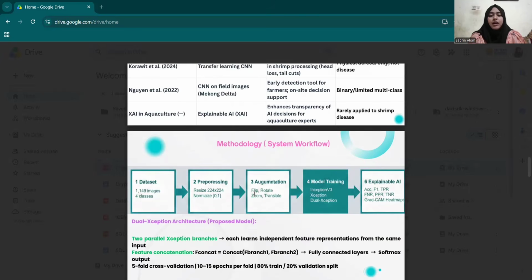It helps the model learn better. And the fourth one is model training. This is the most important part in this paper. Here three models are used: Inception V3, Xception, and Dual Xception.